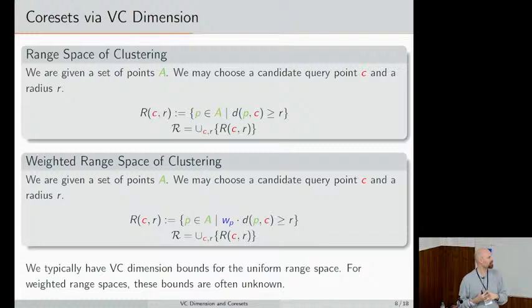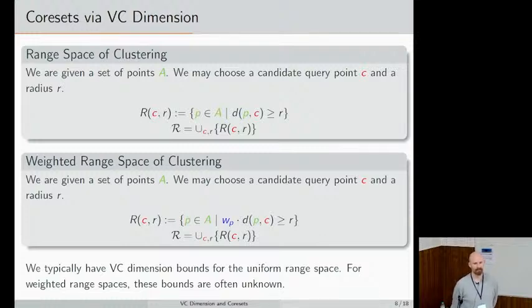It really depends on what type of weights you are considering, what the magnitude of the weights is, and so on. Could the weights be negative? It's really not that obvious. And for your specific algorithm, people weren't clairvoyant enough to know which weights would be relevant for you. So you can probably find something for the first type of range space, but usually not for the second. And we'll see two examples.